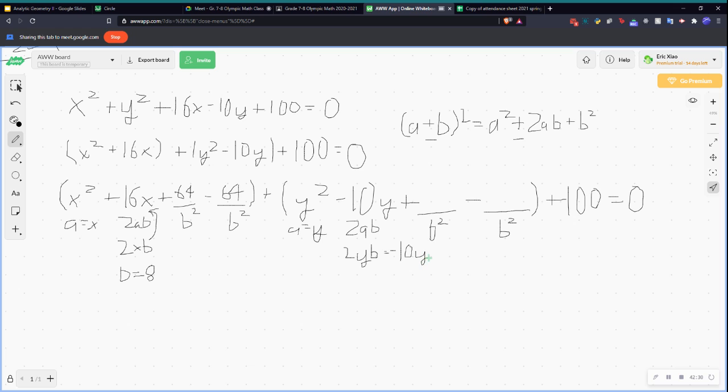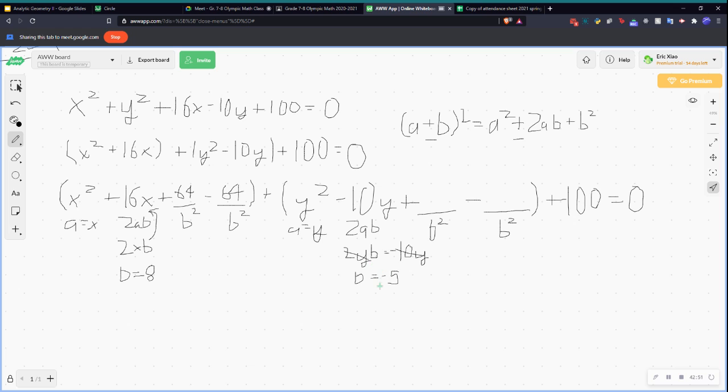Drawing with a mouse is pretty difficult, just to let you guys know. But okay, so we have 2yb is equal to negative 10y. We want b, so we just divide both sides by 2y, and that gives us b is equal to negative 5. You can substitute it back into this just to make sure. So 2 times negative 5 would give you negative 10, and you have your y's, so that makes sense.